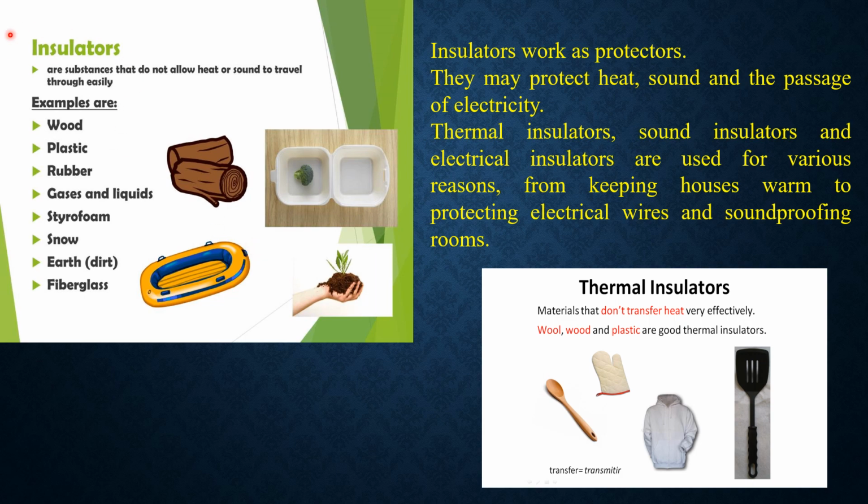These are the common examples of insulators. When we categorize insulators into thermal, sound, and electrical, they are used for various purposes in various fields. Thermal insulators are materials which don't transfer heat very effectively; wool, wood, and plastics are good thermal insulators.